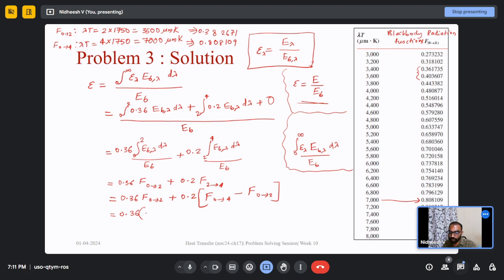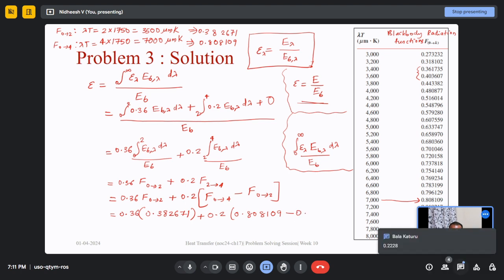F02 was 0.38267 and F04 was 0.808109 minus 0.382671.